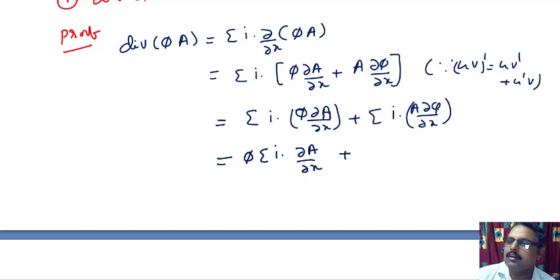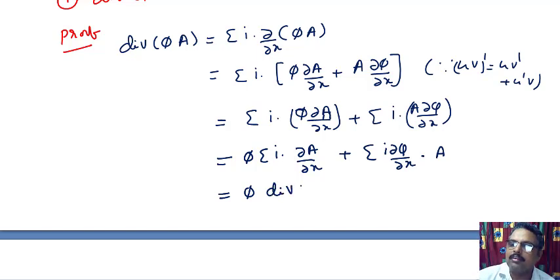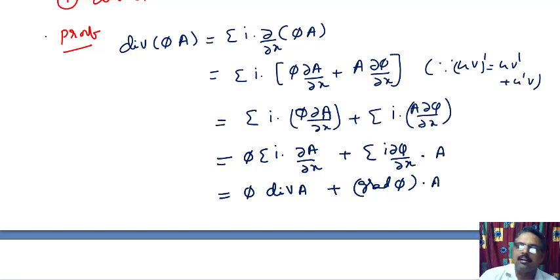Here dou phi by dou x is a scalar quantity, so sigma i dou phi by dou x dot A. Now if you observe, this is nothing but the sigma notation: with the dot product, i dot dou A by dou x is nothing but divergence of A. Here the ordinary product is the gradient of phi dot A. So what is the result? What is the final result?